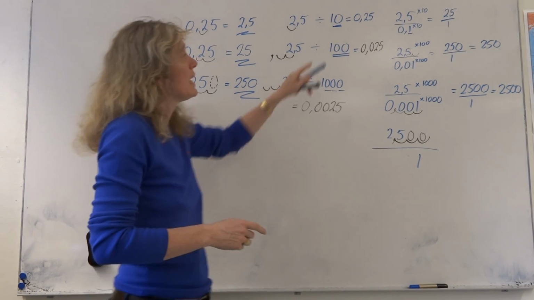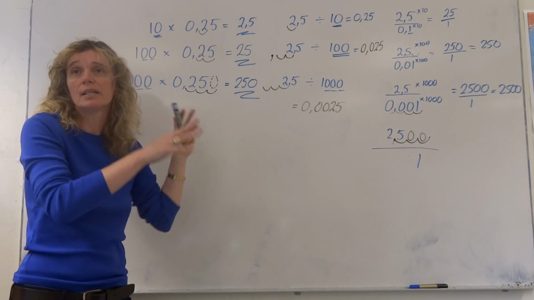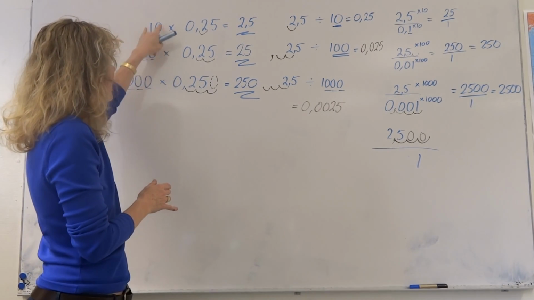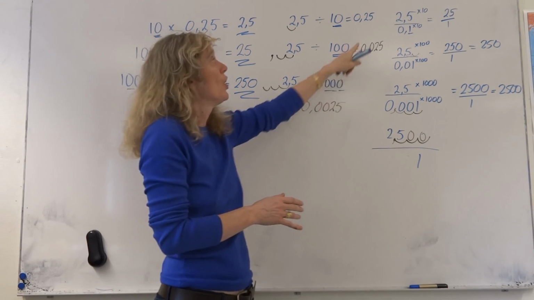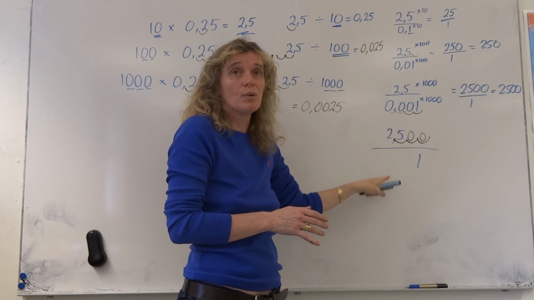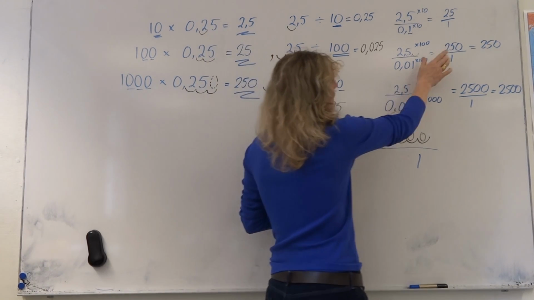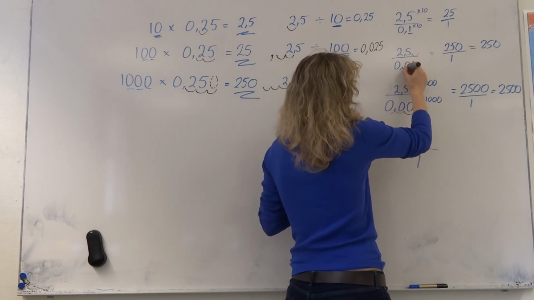So these techniques would save you a lot of time if you use them, instead of trying to set everything up as a big multiplication. You don't need to when you've got factors of 10, 100 or 1,000 in multiplication or division, or even dividing with decimals. You can use this technique of just moving the decimal point. Instead of doing this times 100 here, just say I'm moving the decimal point 2 places down here.